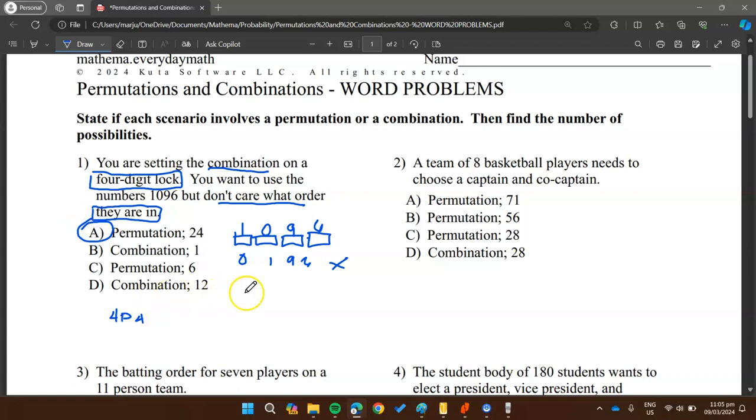Remember, permutation is given by nPr, which is equal to n factorial over n minus r factorial. So in our case, our n is 4, so 4 factorial over, what is n? 4, right? Minus r, 4. So this is 0 factorial. And remember, 0 factorial is just 1. So again, 24 over 1 is just 24.